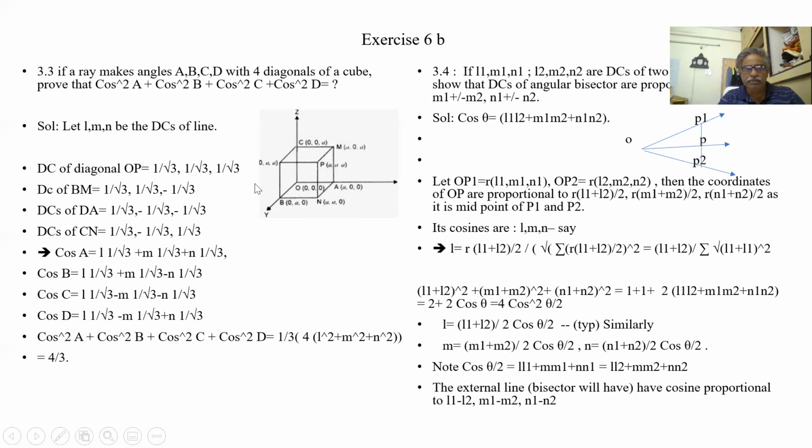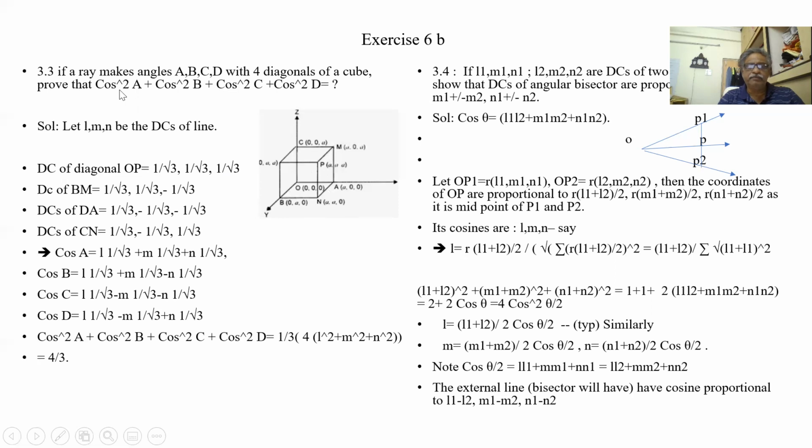Z is also negative, minus 1 by root 3. Similarly, this is of CN. X is positive, 1 by root 3. Y is negative, minus 1 by root 3. Z is positive because this direction is positive, 1 by root 3. So the signs vary between minus in some places and plus in some places. So these are the diagonals.